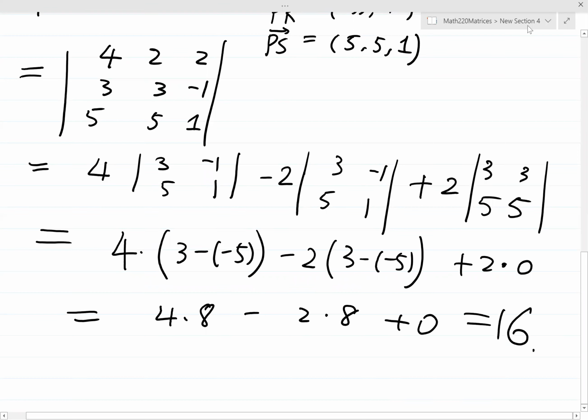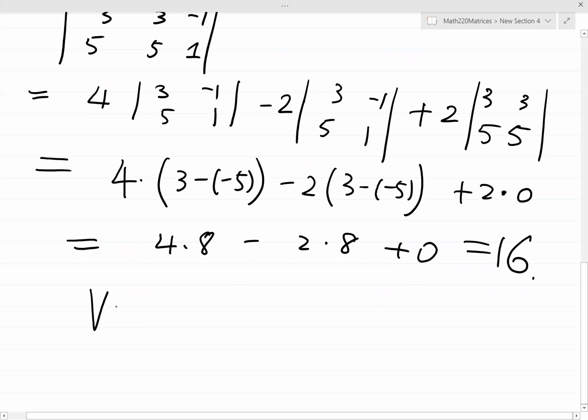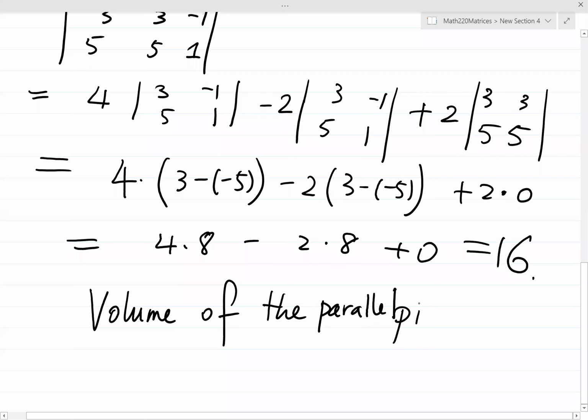The volume of this parallelepiped is 16.